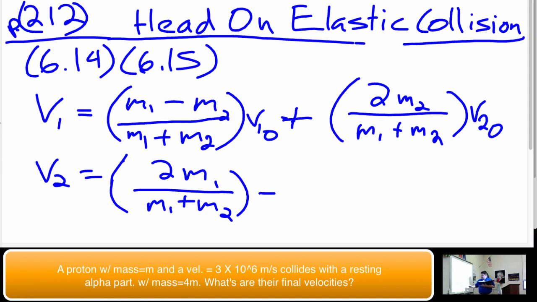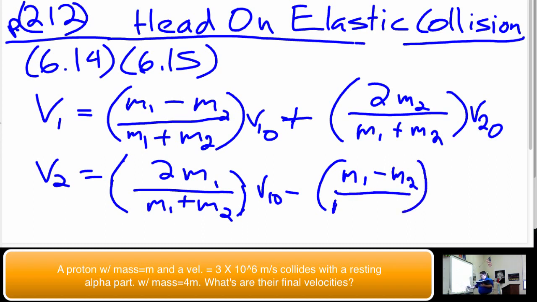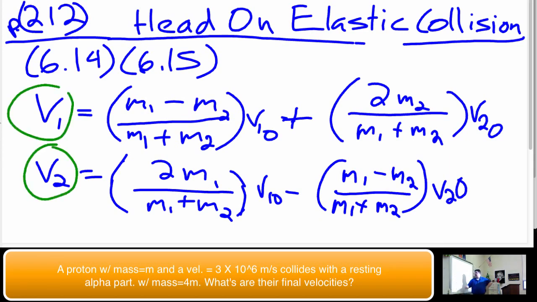And then this one will be minus, this is times the initial velocity of the first object, plus, I keep writing the wrong thing down, minus m1 minus m2 all over m1 plus m2 v2 naught. Okay? So now what they did, this is the final velocity for the second object. This is the final velocity for the first object.